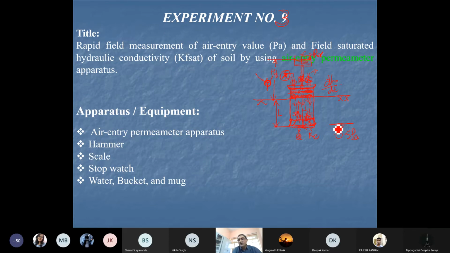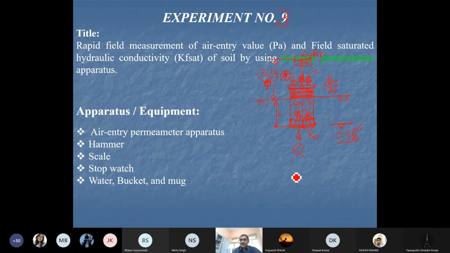So this is the pressure which is subjected in this soil to create this discharge, and this discharge is happening because of the low pressure just below this front, that is 0.5 of the air entry pressure. The air entry pressure we have measured in this vacuum gauge as PA, and half of that is what we are assuming is the exact pressure in the soil.